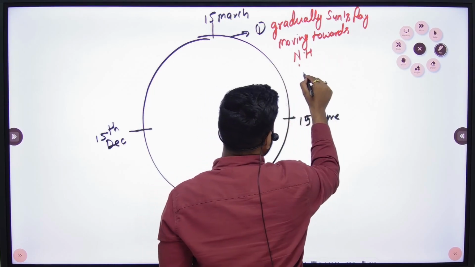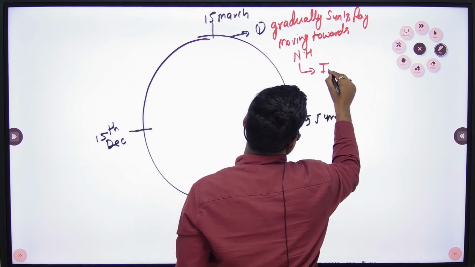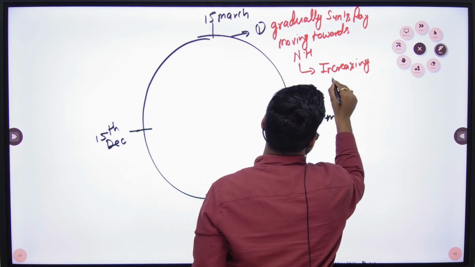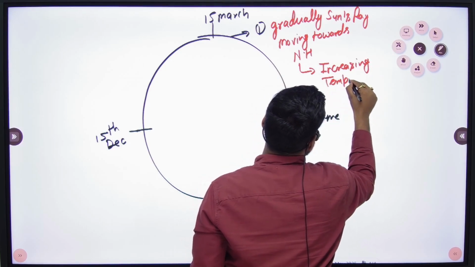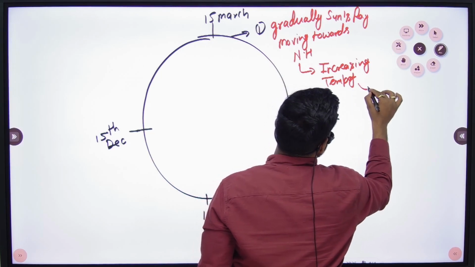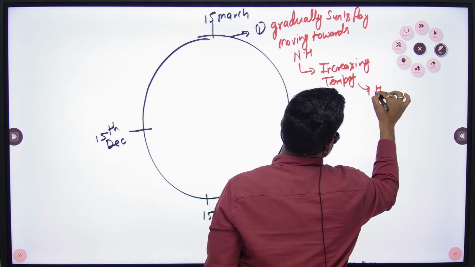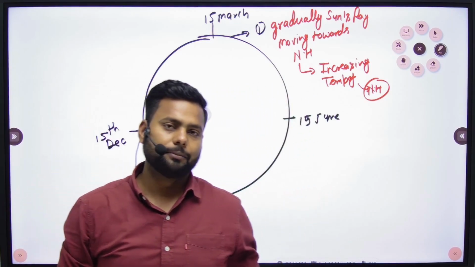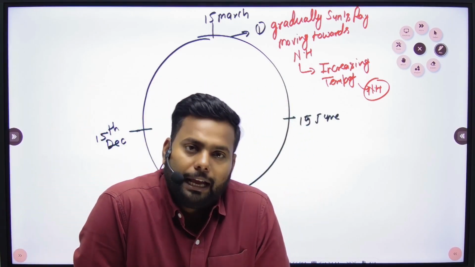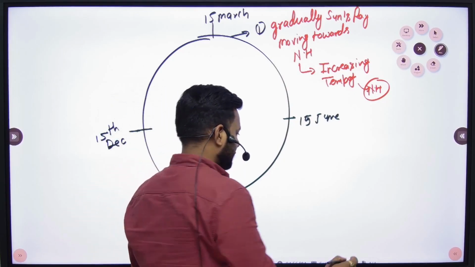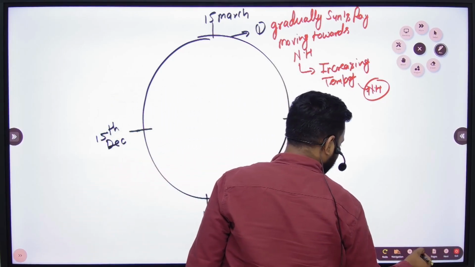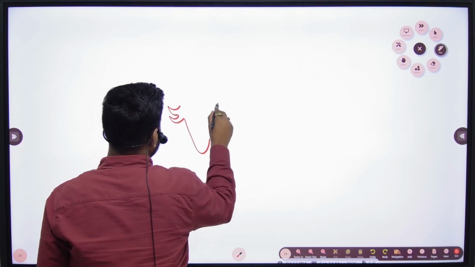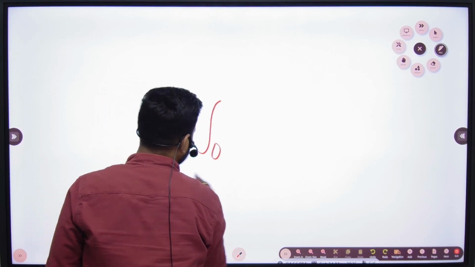It will lead to increasing temperature of the northern hemisphere. We all know that land heats up faster and cools faster. Suppose this is peninsular India and this is the equator.